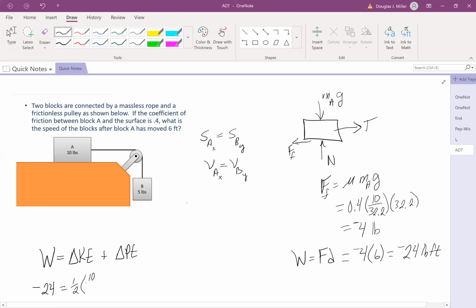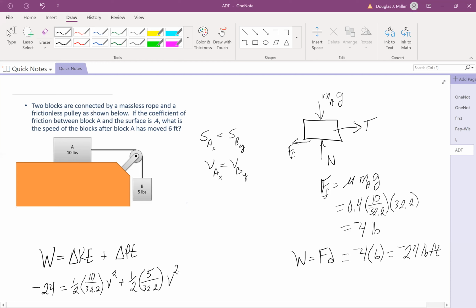We have 10 over 32.2 multiplied by the velocity squared plus 1/2 times block B, which is only 5, but still we divide by 32.2, it's 5 pounds, so we need to convert to mass times velocity squared.